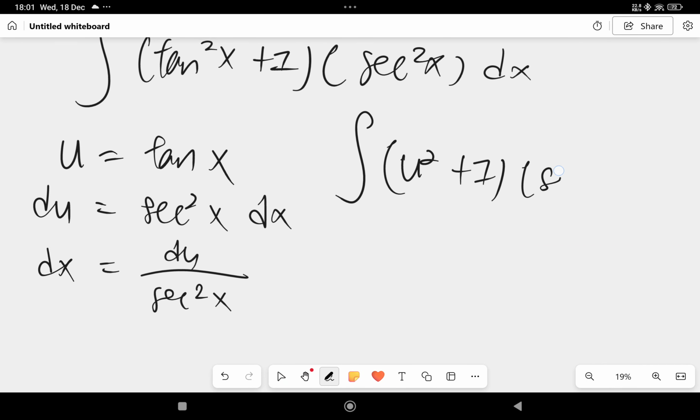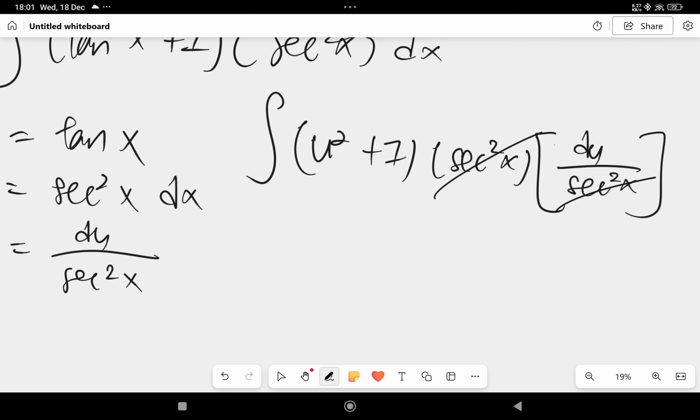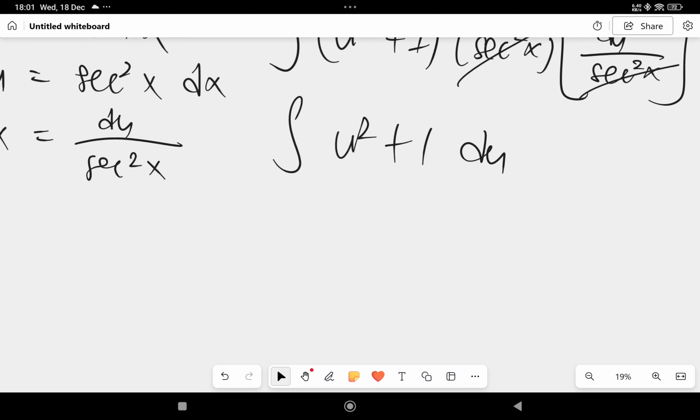We just rewrite secant squared x because we don't know what it equals in terms of u, but we know that dx equals du over secant squared x. So it is the product with du over secant squared x. Take a look: secant squared and secant squared cancel out. We are left with the integral of u squared plus 1 du. How fantastic, this is easier than before.